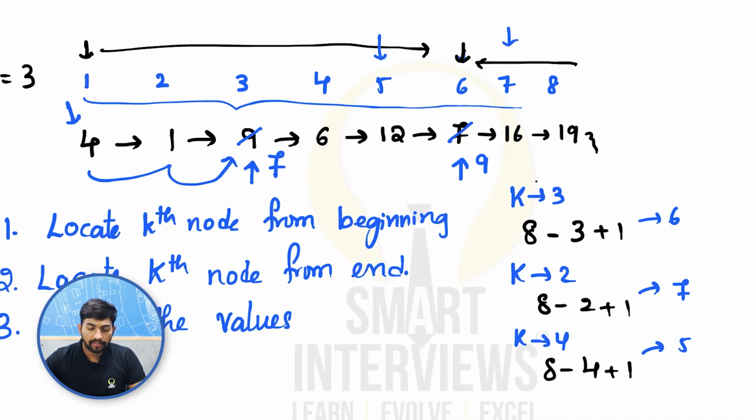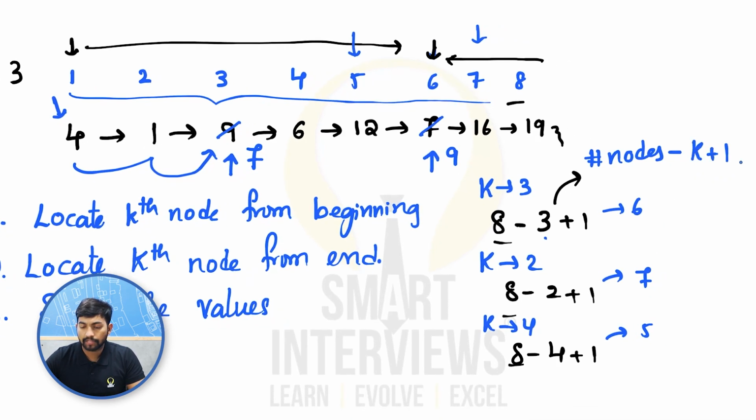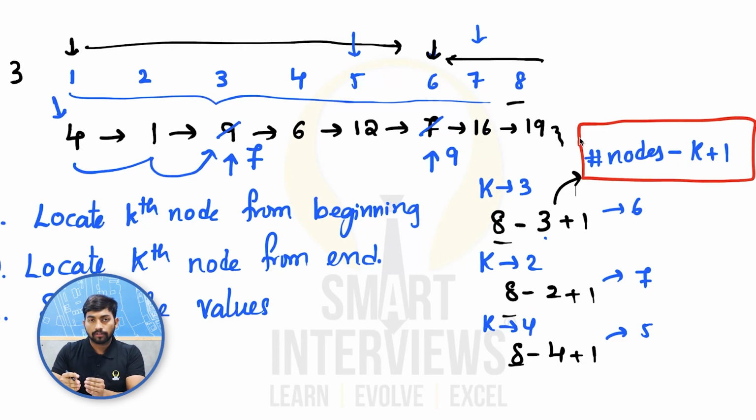Now, if we generalize this, how do we write it? What is 8? The number of nodes. So we can write it as the number of nodes in the linked list minus k, where 3, 2, 4 are values of k, plus 1. So this is going to give us the position of the kth node from the end if we are traversing from the beginning.